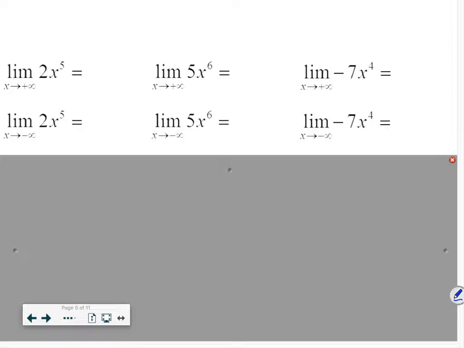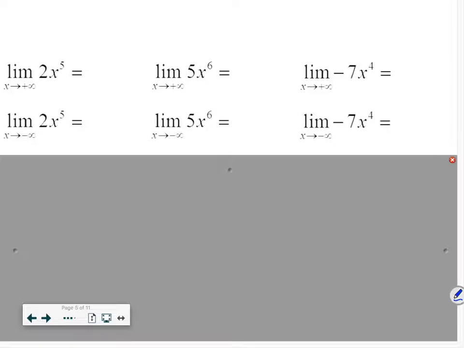Okay, so here we go. Colby, you're going to help me out. Towards infinity, towards negative infinity. So do we have an odd or even function? Odd. We have an odd function, and our leading coefficient is 2, positive.